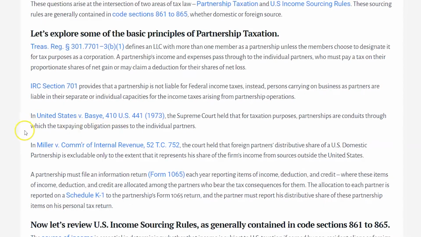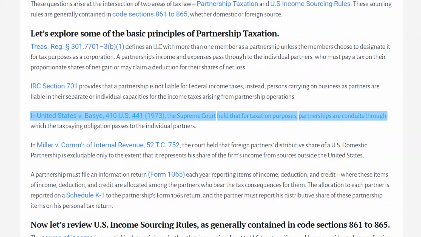Now let's get some case law too. What does the case law say? In United States v. Basye, one of the cases decided in 1973 by the Supreme Court, the Supreme Court held that for taxation purposes, partnerships are conduits through which the tax-paying obligation passes to the individual partners.